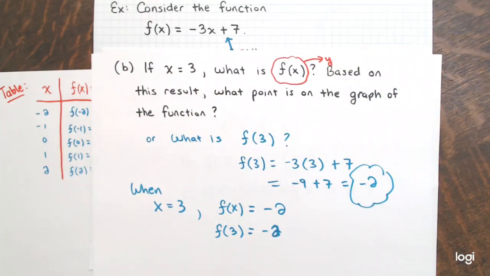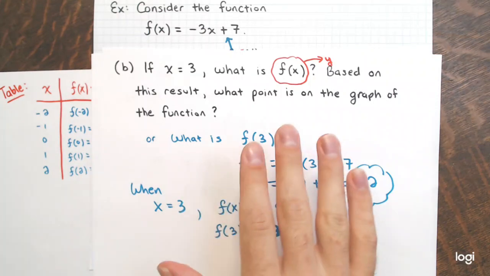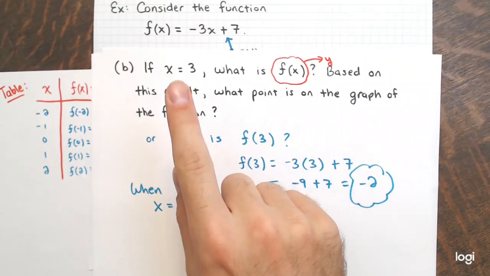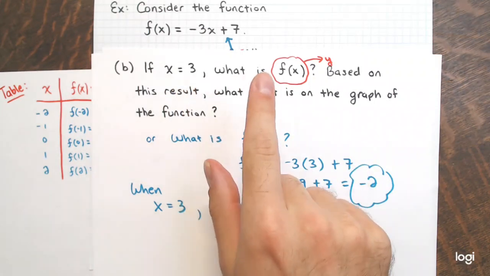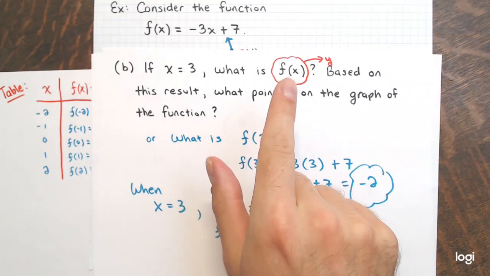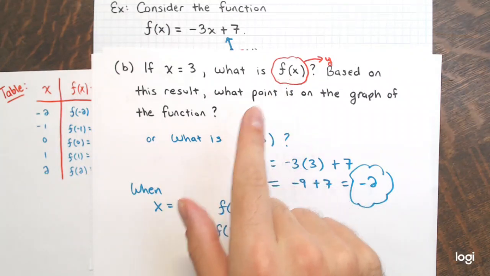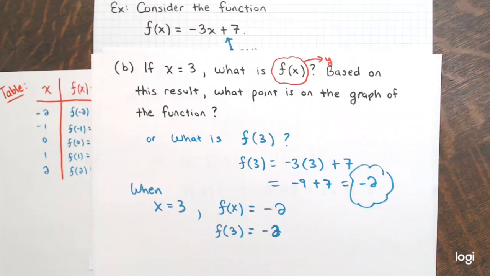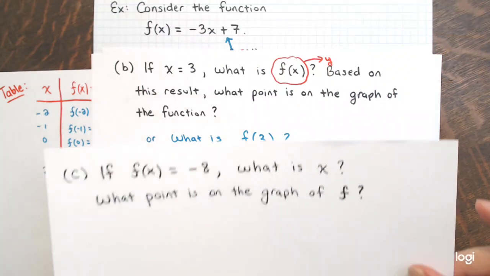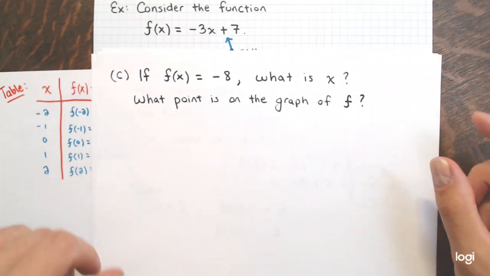Alright, then I have one more here. In this example, part B, the x coordinate was given and I was asked to find the f coordinate, or the y coordinate, what's f of x. This last part, part C, for this same function is just the other way around, and we saw this in the previous example.